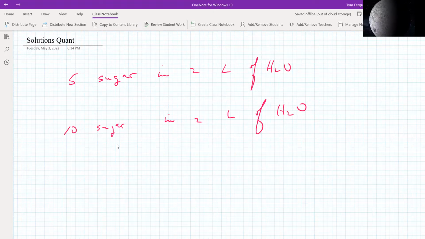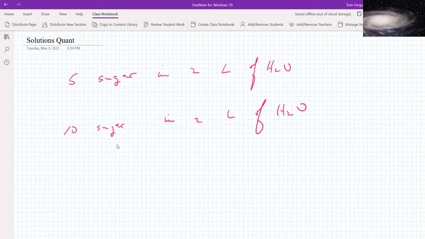We count in chemistry referring to moles. Basically, we have 5 moles of sugar included in water, 10 moles of sugar included in the water, which is going to be more concentrated. 10 molar, is that molar?